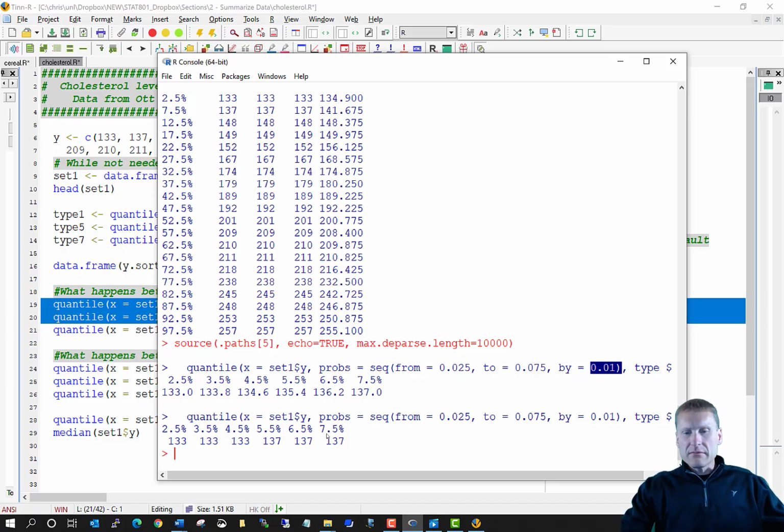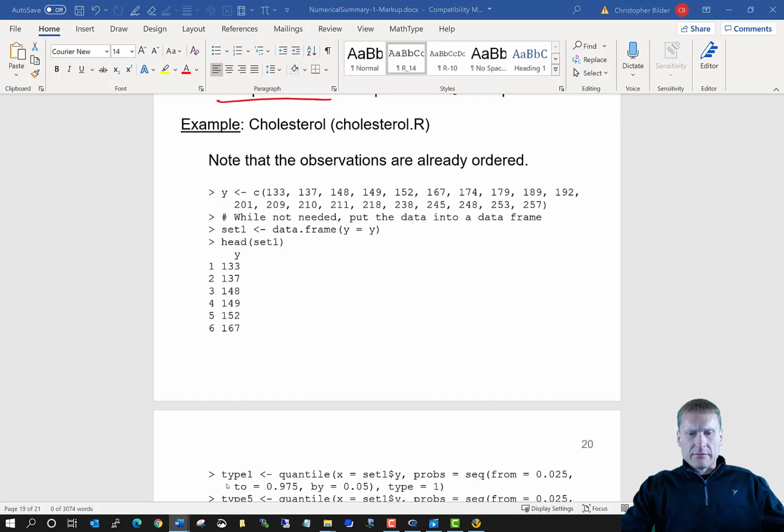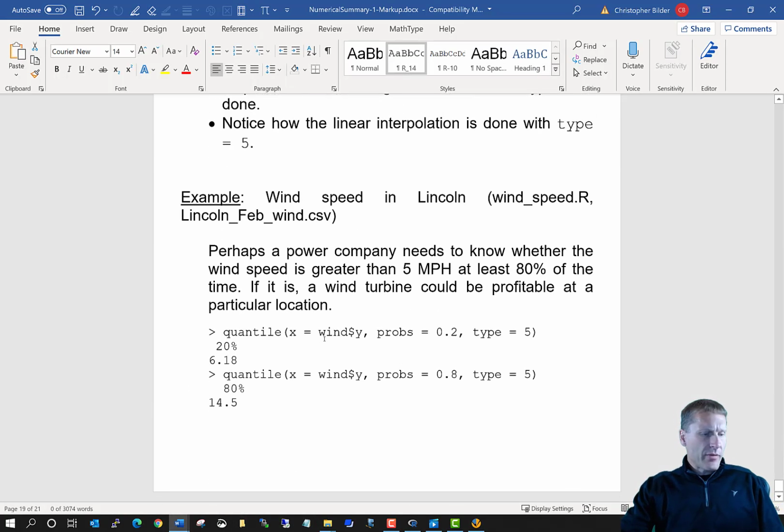Okay. So lastly, this is on page 21. Suppose you're in a situation with this wind speed data set. You're working for a power company, a utility company, and suppose the power company needs to know whether the wind speed is greater than 5 miles per hour at least 80% of the time.